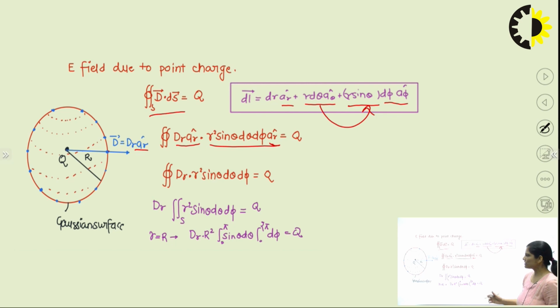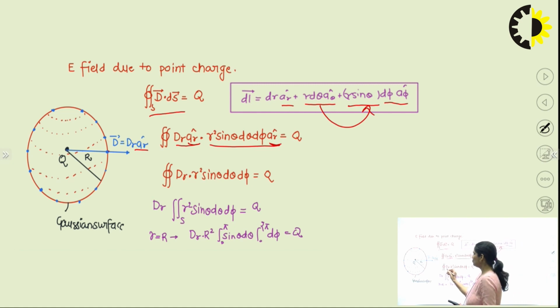Now this is equal to the enclosed charge, which is here Q. Now multiply this and this: unit vector r dot unit vector r, the dot product of the same unit vector is equal to 1. So here you will get D_r times r square sin theta d theta d phi is equal to Q. Now if your electric field is also in this direction and your unit vector is also the same, meaning both are in the radial direction, then D_r is constant at every point.